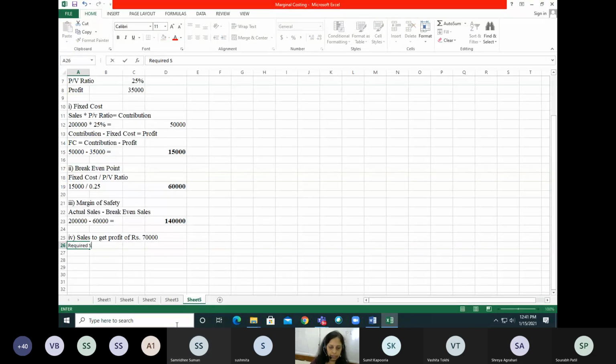So write the formula. Required sales is equal to desired profit plus fixed cost divided by PV ratio.